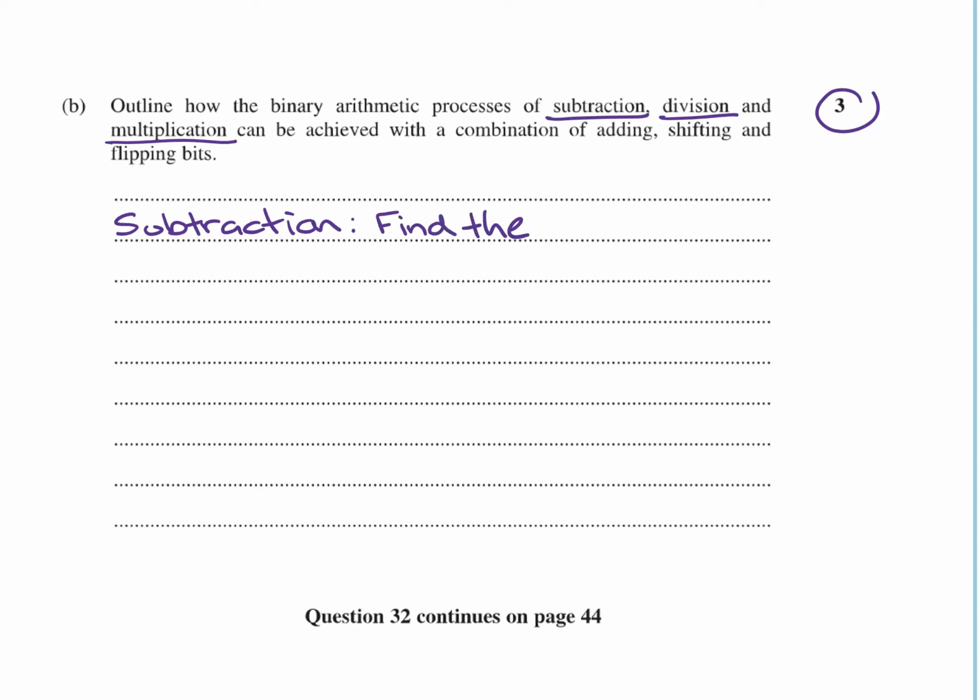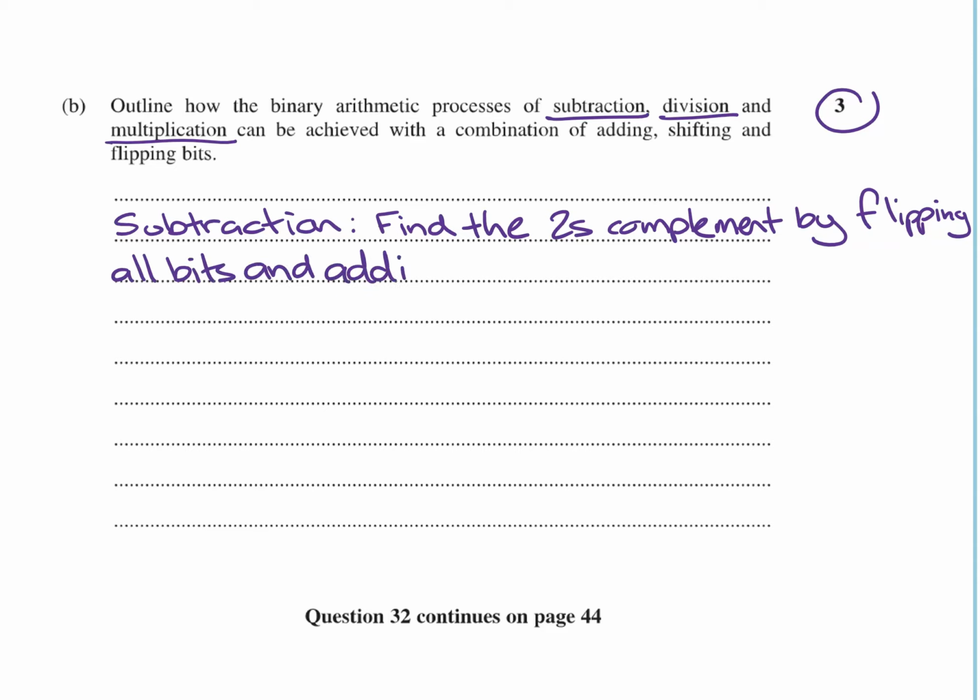Find the 2's complement by flipping all bits and adding 1, and add to the first number.